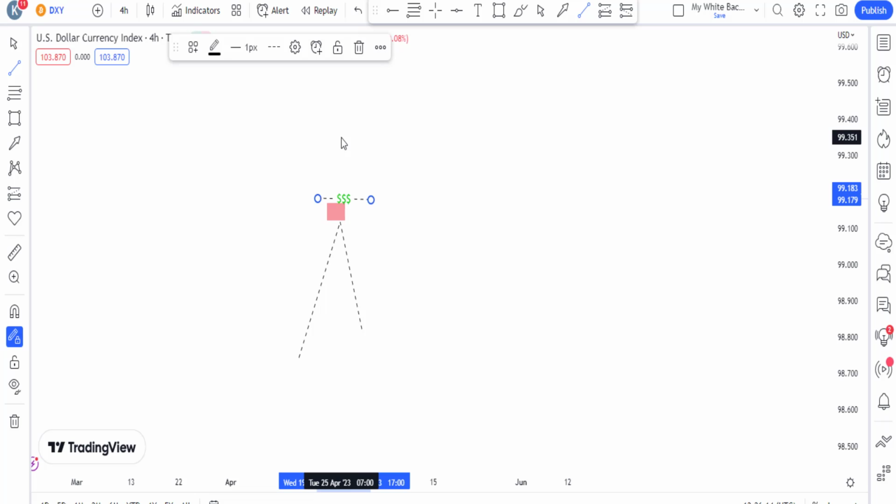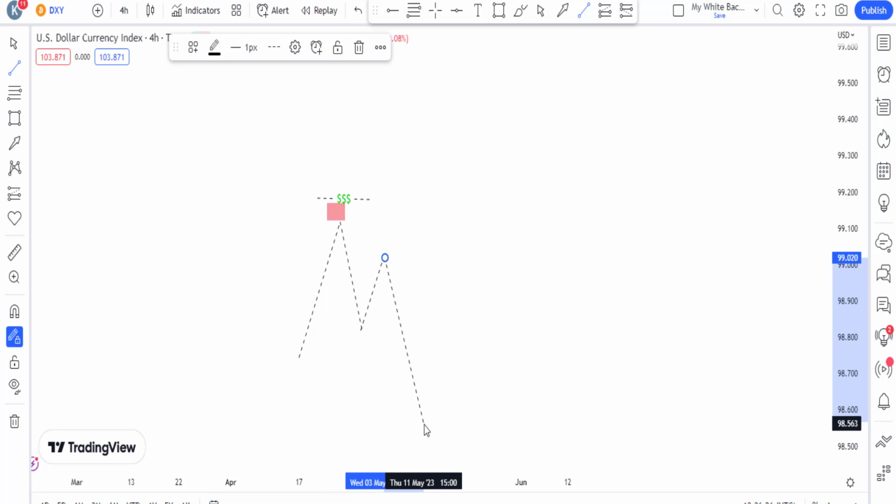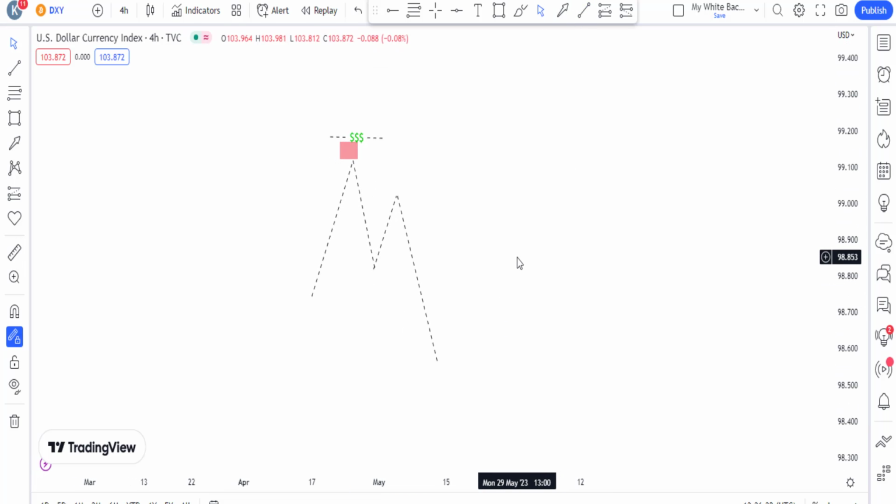This is how the institutions do their manipulation. Because your stop losses are here, sometimes they never really allow you to go back to this area, and they allow price to just have a failure swing before pushing down. So this is the second way that you will find these institutions taking their swing.